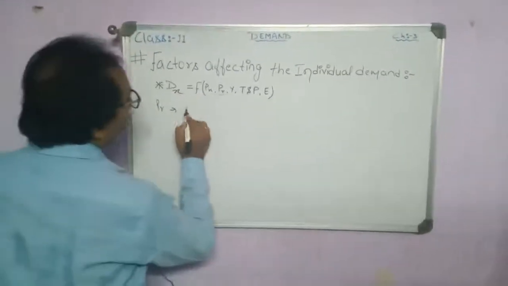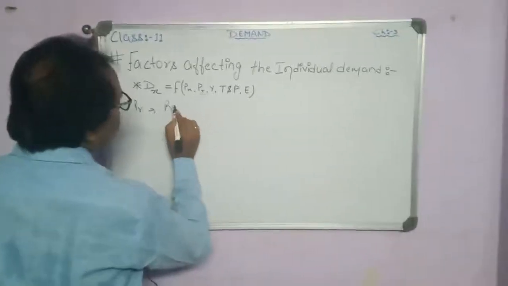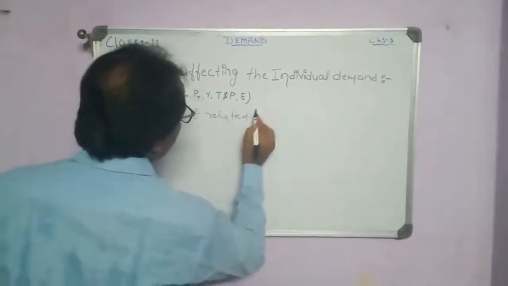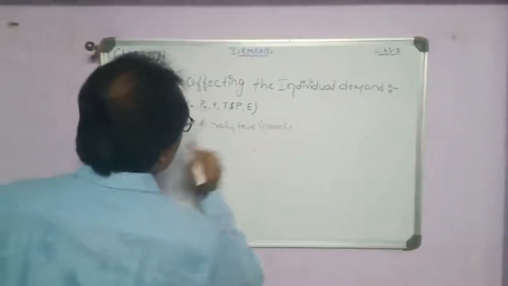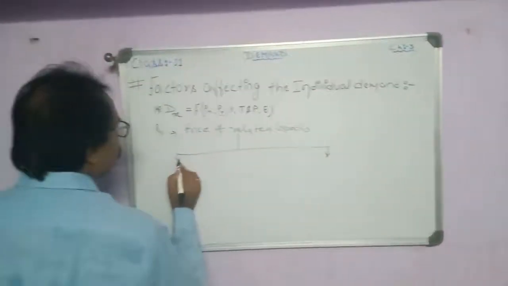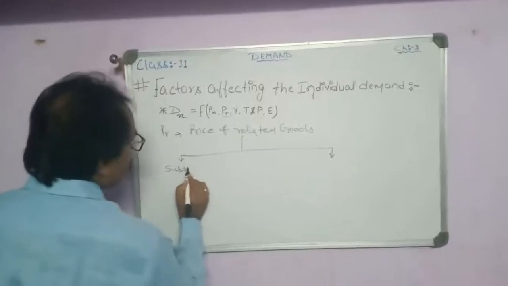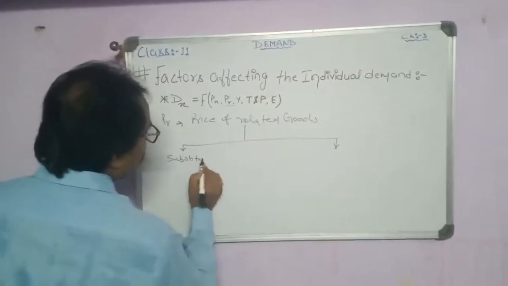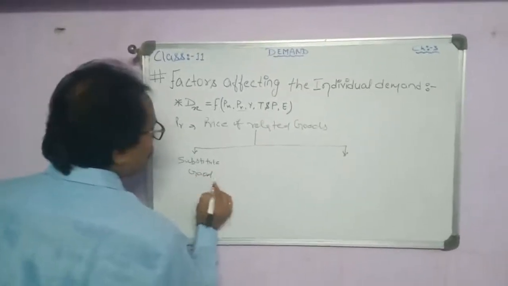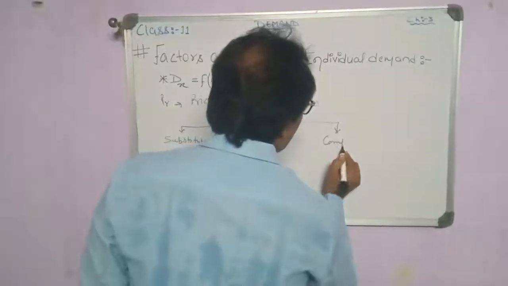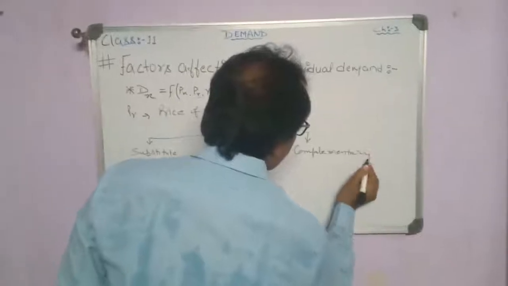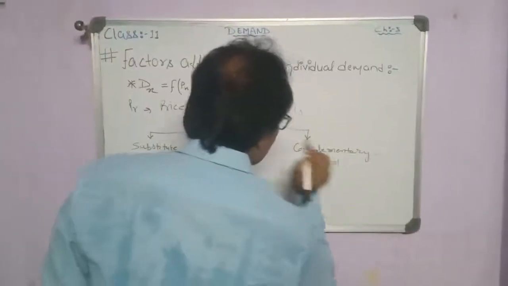Now the second factor is Pr. Pr means price of related goods. There are two kinds of goods. One is known as substitute goods, and the other is known as complementary goods.